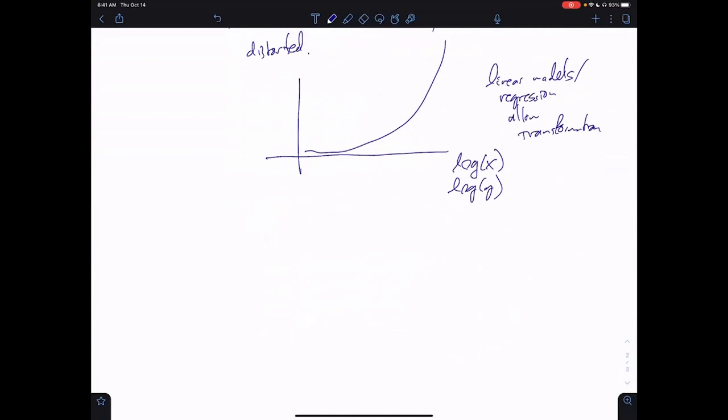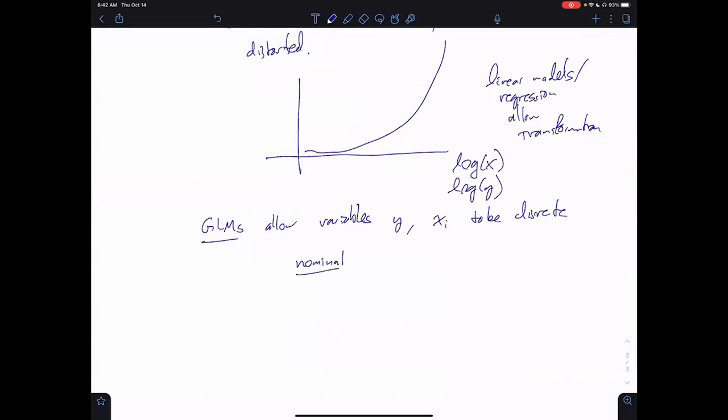So again, the main motivation for GLMs is the additional flexibility allowed by letting your variables, both your response and your explanatory variables, be discrete. And you can distinguish between a couple of different types of discrete variables.